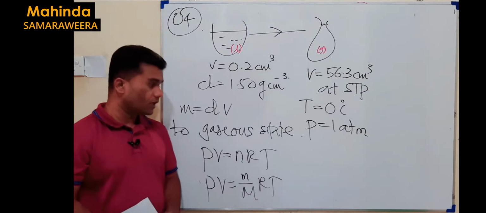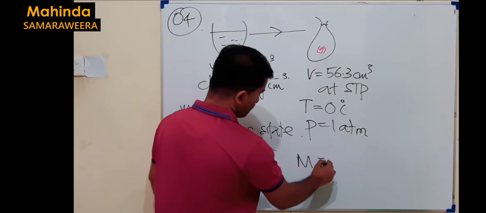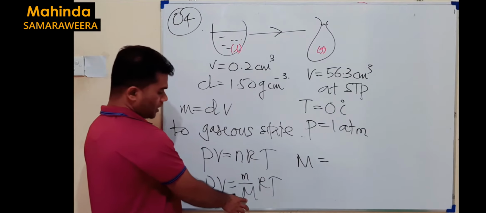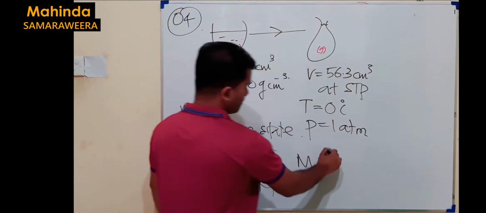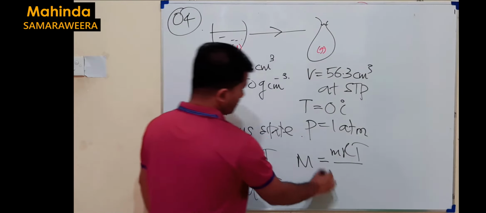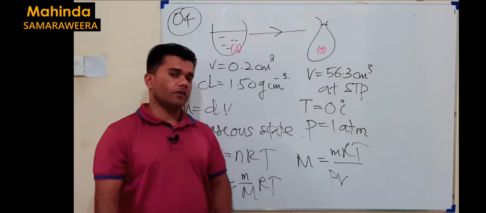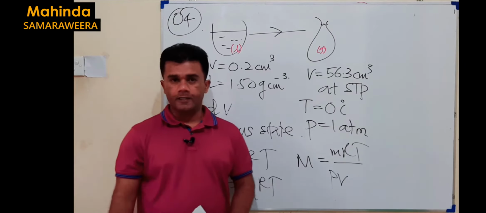Then you can find out the molar mass. So if I make molar mass the subject, molar mass is equal to mRT divided by PV. This is the derived equation for the molar mass.